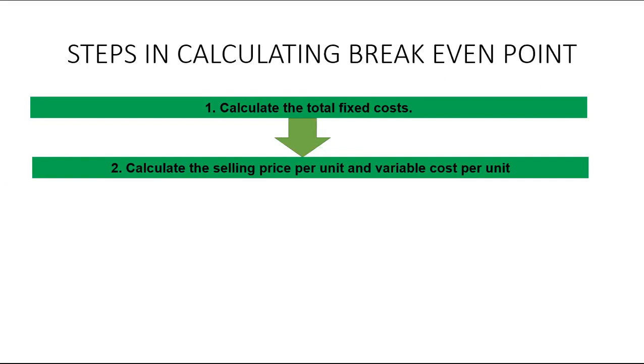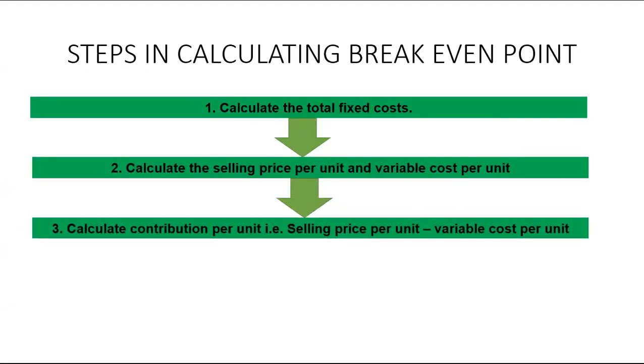Not for everything, per unit. Step number 3, calculate what we call the contribution per unit. And how do you calculate contribution per unit again? It is the selling price per unit minus variable cost per unit.